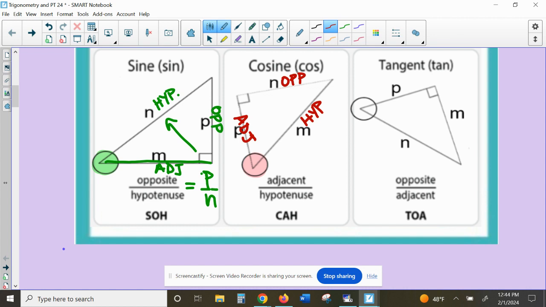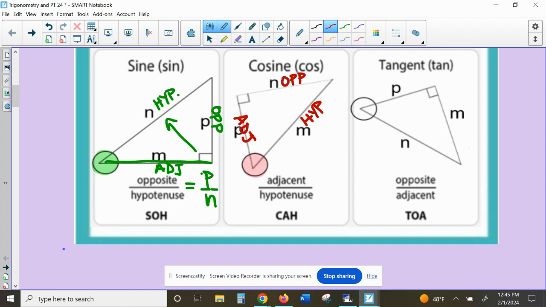Now, what if I would have circled this other angle up here? Would any of these words change? Yeah. If I circled this one, which words would stay the same and which would change? Hypotenuse would stay the same, but wouldn't this guy be now my new opposite? That's why it's important to pick the angle that you're going to go from, and they'll either tell you or they'll ask you about that specific angle, so it'll be obvious which angle you're supposed to pick.